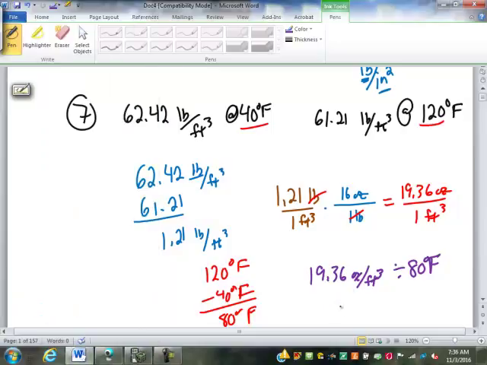This is 0.242 ounces per cubic foot per degree Fahrenheit. Any questions?